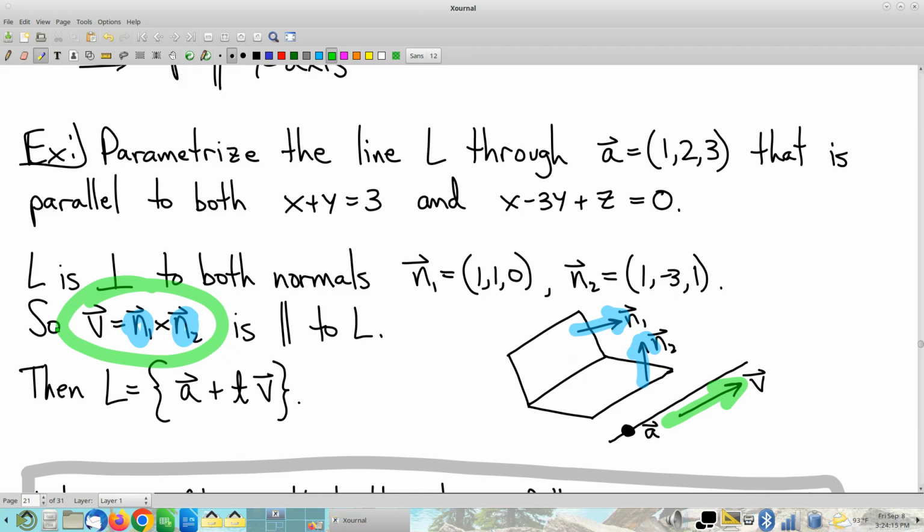Cool. All right. So now there's an aspect of this solution that I just kind of waved my hands and said geometric appeal, right? We're going to be doing a fair amount of that in this class. But in particular, I made the observation that if this vector is perpendicular to this plane, and if the plane is parallel to this line, then the vector must be perpendicular to the line.